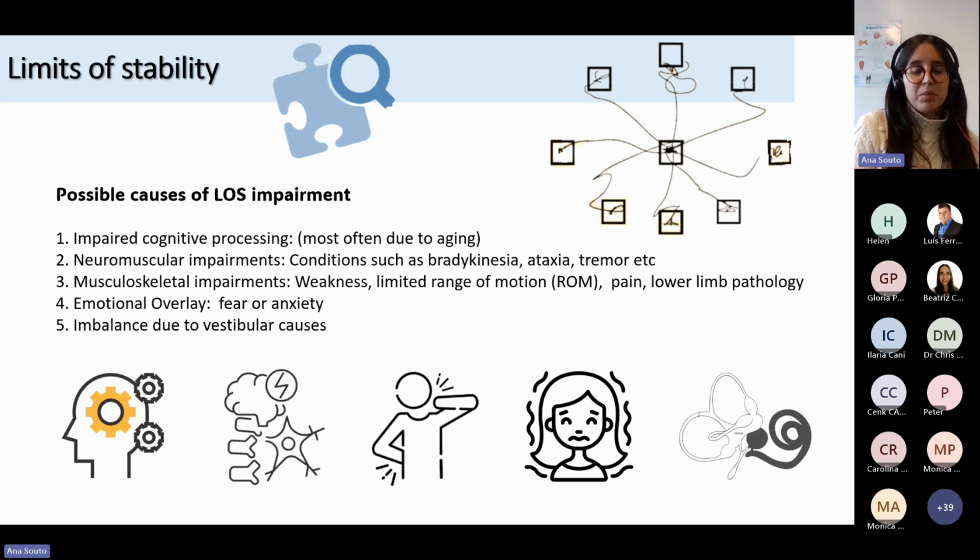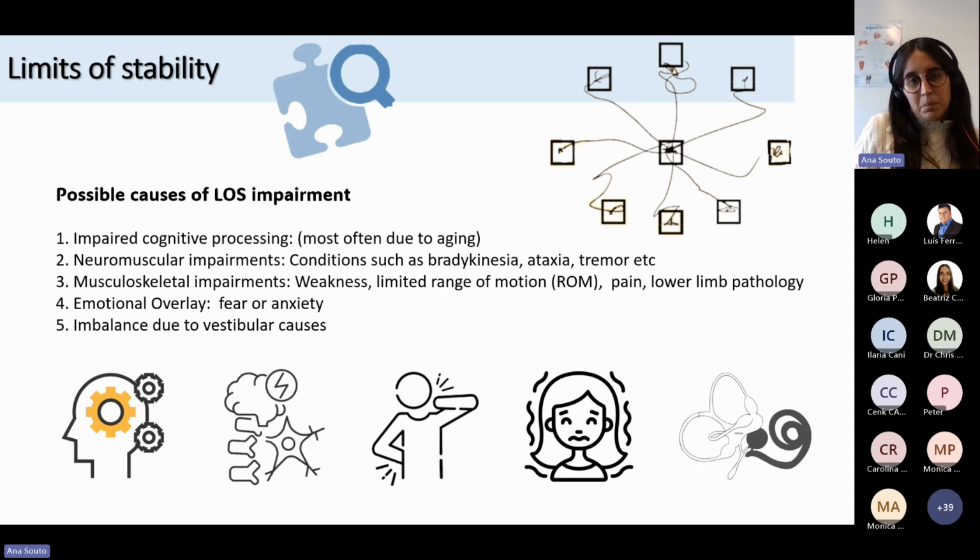So this protocol can also be used for sports orthopedics, because we can assess asymmetry of movement in every direction, for example, left direction and right direction.